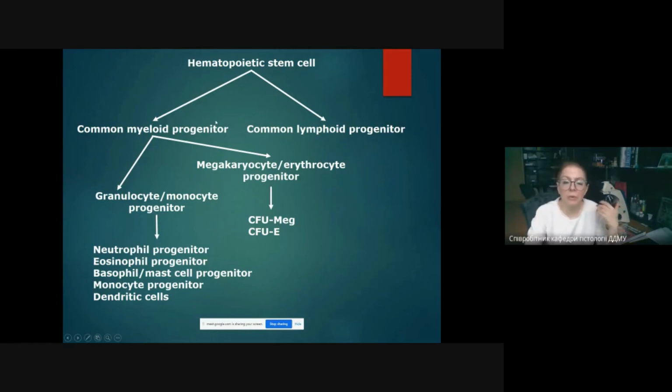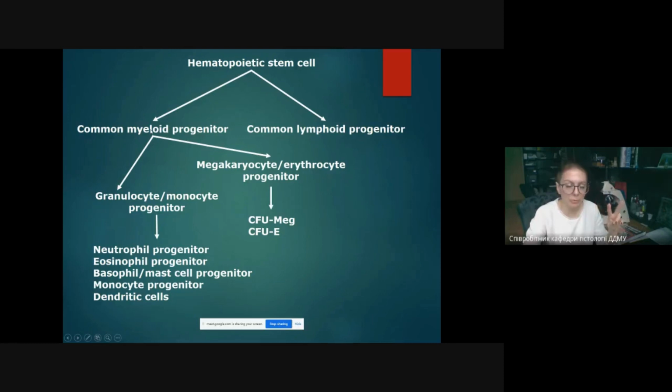After that, the common lymphoid progenitor and its fate we are going to consider next lecture, together with the thymus and lymphopoiesis, because it is quite a distant process and it doesn't look like other branches of hematopoiesis. As for the common myeloid progenitor, today we are going to consider its derivatives in detail.